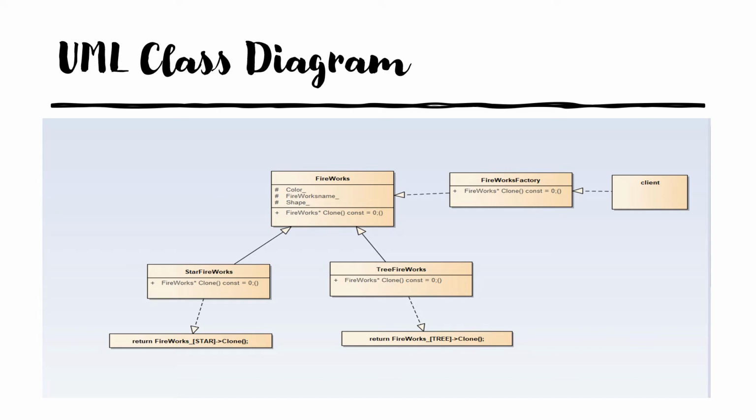As we will see next in the code, the process of cloning will start by initializing and instantiating the class, and then the client will ask for a new object of that type, and it will send the request to the prototype class. The concrete prototype, in this case either star fireworks or tree fireworks, will depend on the type of the object needed. Then it will handle the cloning through the clone method, and it will make a new instance of itself.